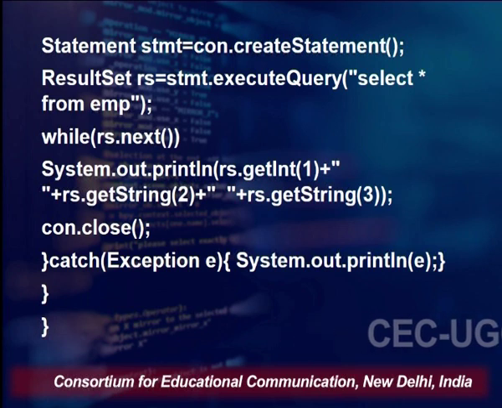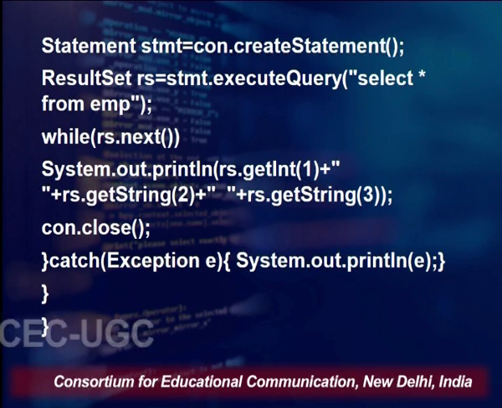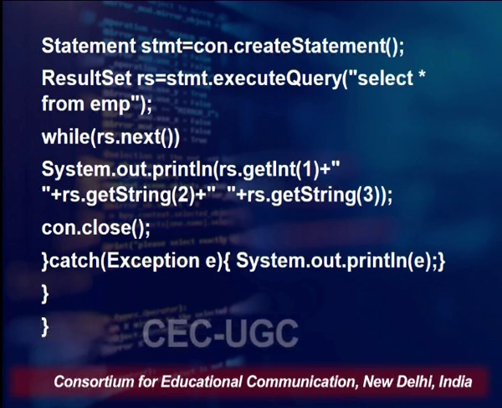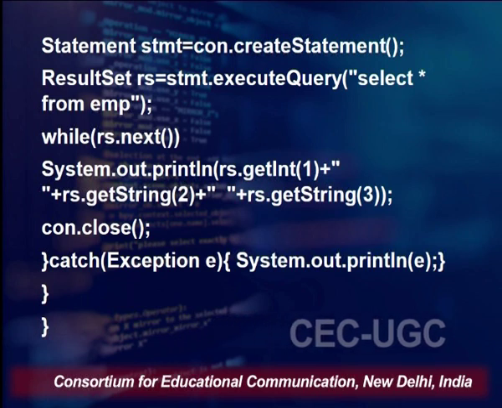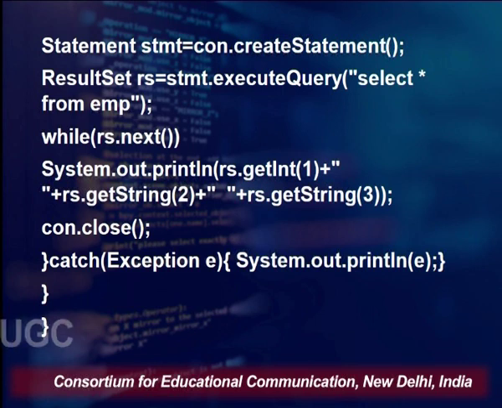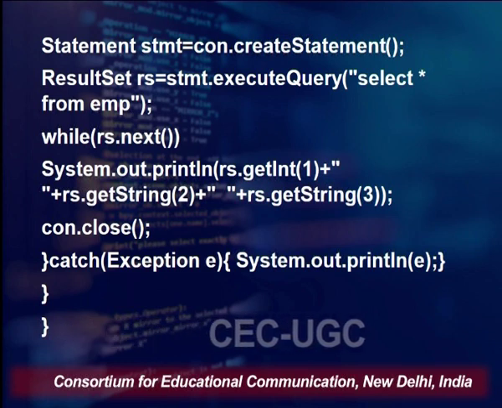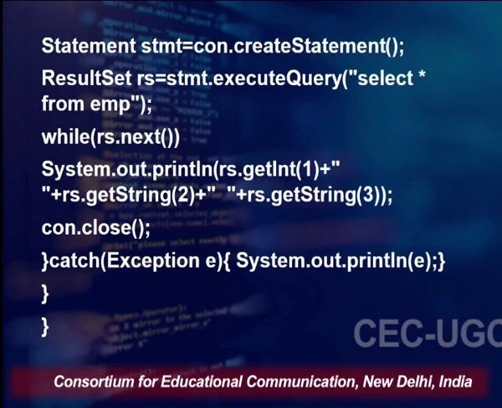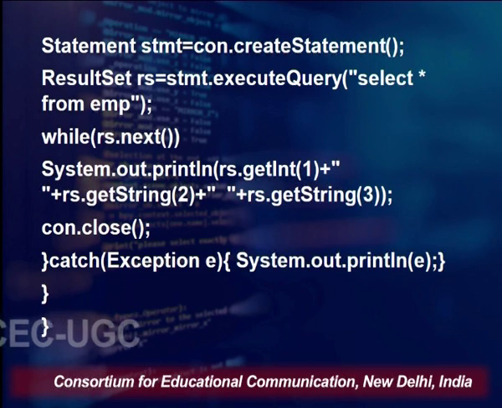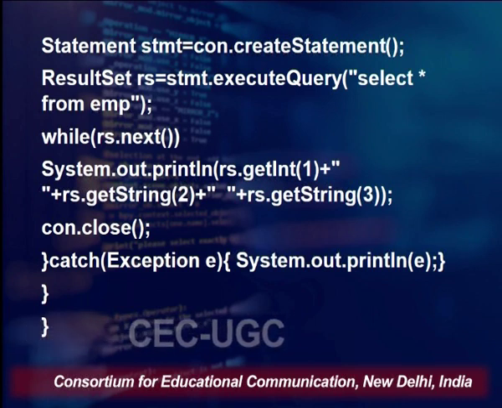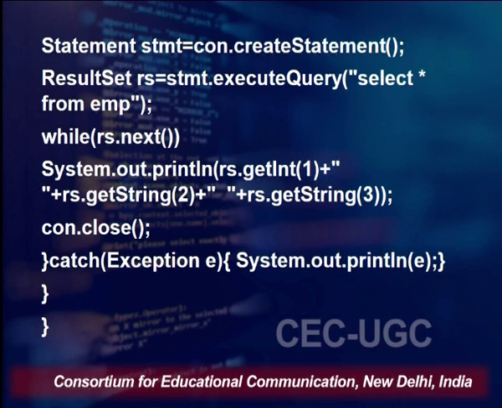Now, whatever queries we are going to execute, those queries are going to return something, and that is to be stored inside the reference variable or object of ResultSet. So, here we have ResultSet rs equals stmt.executeQuery. The method is executeQuery, and within that method we need to supply the whole query as the parameter.